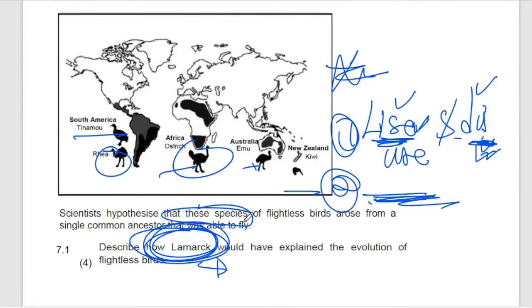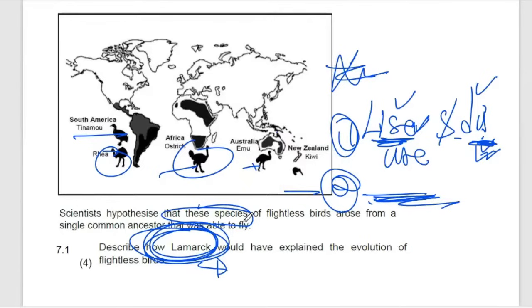There's not enough evidence to support that these flying birds became flightless by not using this character of flying, just like that. There is not enough evidence to show that.